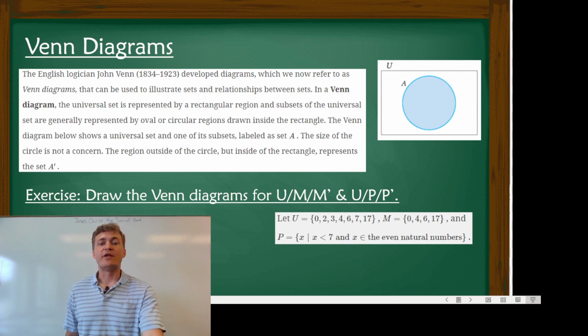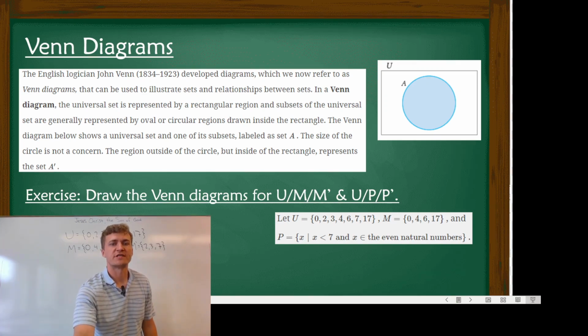And then P was those even natural numbers less than 7. So we had 6, 4, and 2. Therefore, P prime or P complement was 0, 3, 7, and 17. Let's use that information to now create a Venn diagram. Pause the video to try this out for the first example, M, and then we will work that out together after you pause the video.